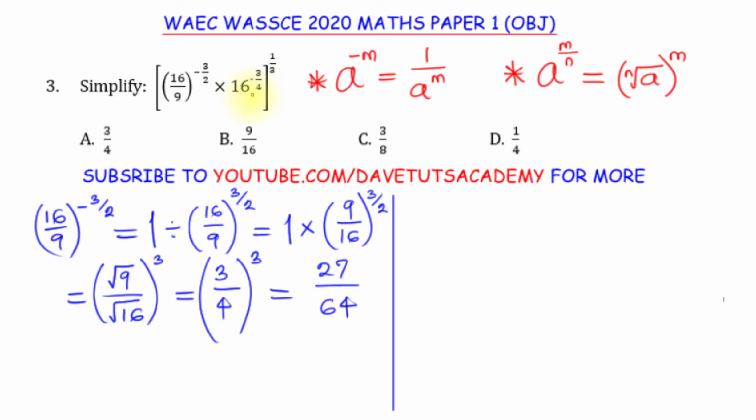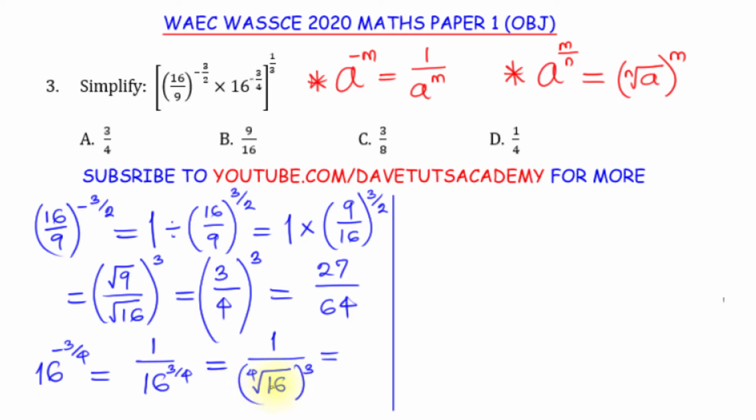But that's not all. I also need to work on 16 raised to power minus 3 over 4. So for the second expression, 16 raised to power minus 3 over 4 will just be 1 over 16 raised to power 3 over 4. Then 16 raised to power 3 over 4 will be the fourth root of 16 raised to power 3.